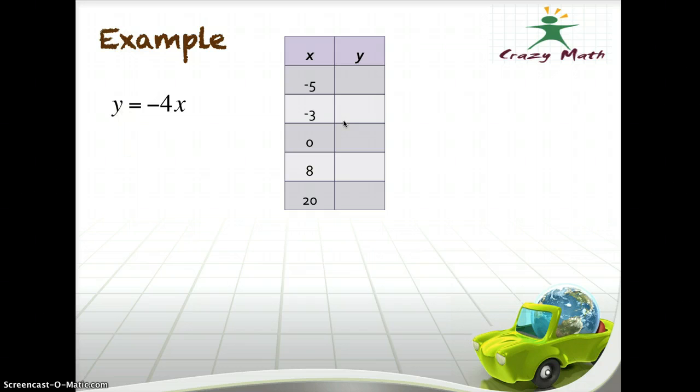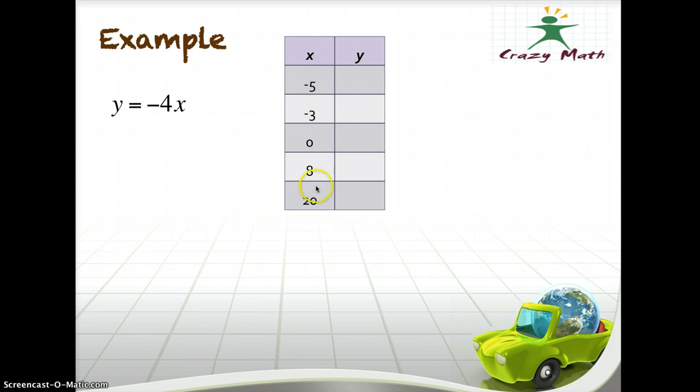For example, we have discussed this and I hope that you can follow. Y being the rule, y given the function, so I'm going to use rule or function interchangeably. Y is equal to negative 4x, or negative 4 times x.